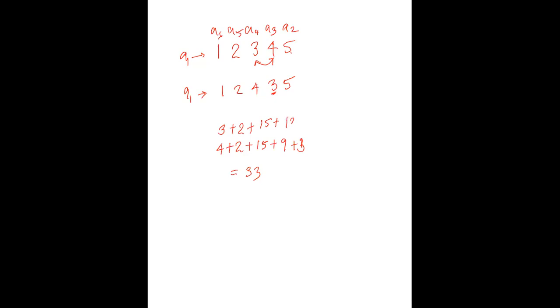The odd places are kept as it is, so 5 and 3 stay. The rest is 15 plus 12 plus 3. So you can clearly notice that, because of that multiplication, I will get a different digit.